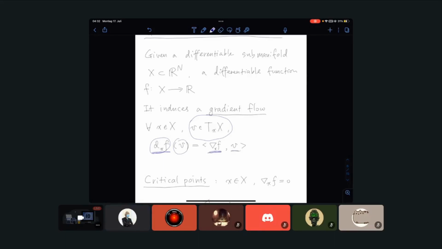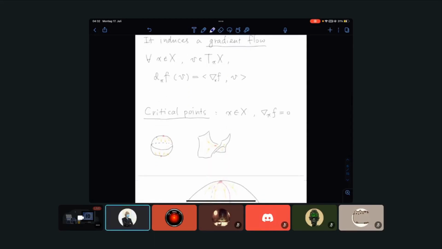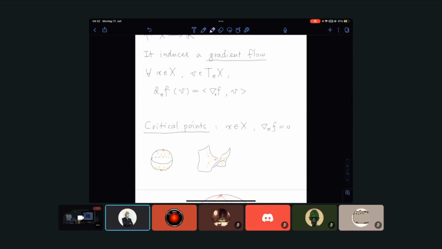And this dot product, if you expand everything, is basically just taking the differential of the function and doing the transpose, if you write down everything in coordinates. So yeah, it's just a good old gradient. And we have this notion of critical points. That's just when the gradients vanish.